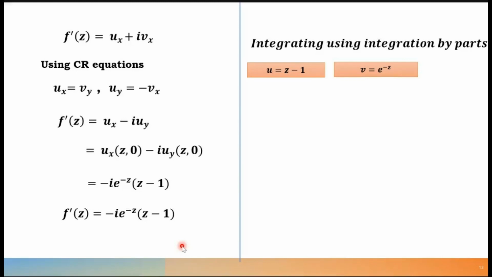Do you remember how I told you to integrate? What is the first term we write? u integral v. Since we have u as an algebraic function, we can apply integration by parts directly. So first we write u integral v. So u is z minus 1 into the integral of e raised to minus z, which is minus e raised to minus z, minus the derivative of z minus 1, which is 1, and the integration of this bracket term will be e raised to minus z.